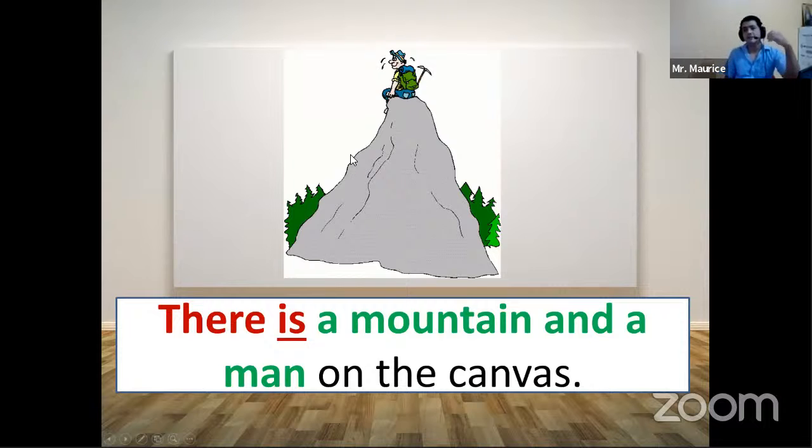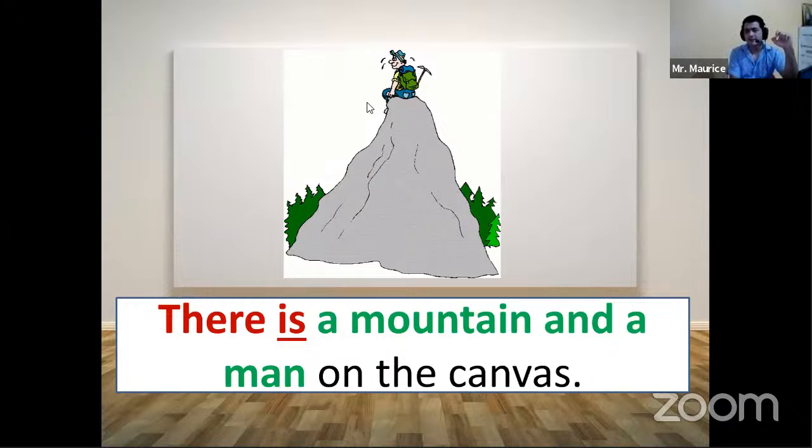Look at this. This one is singular. You see? There is a mountain and a man on the canvas. Singular, there is. Hay una montaña. There is a mountain and a man on the canvas.